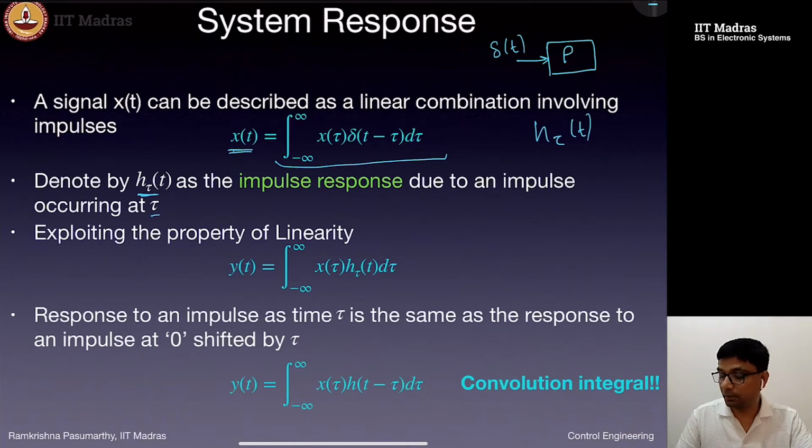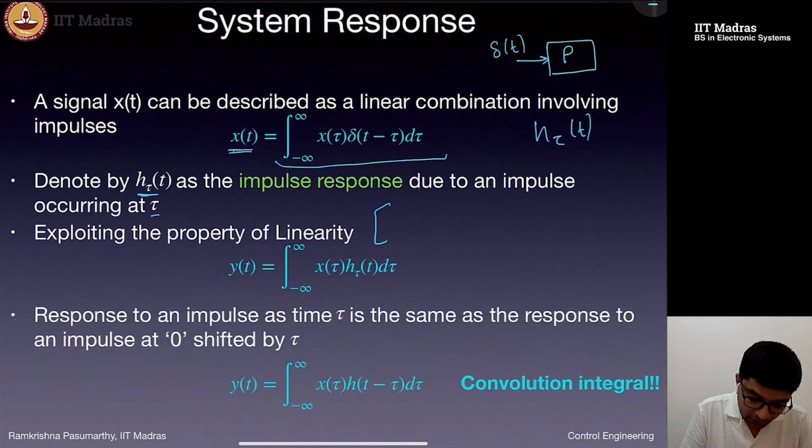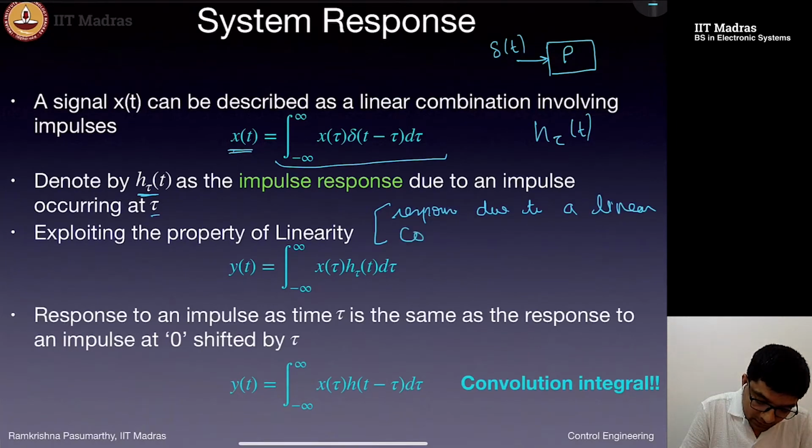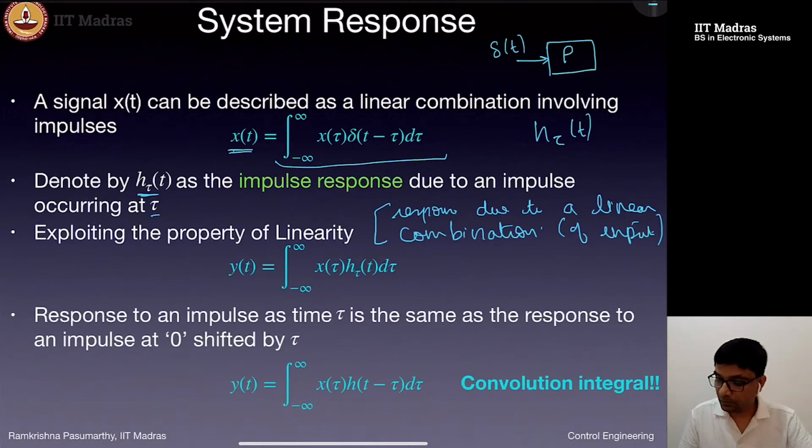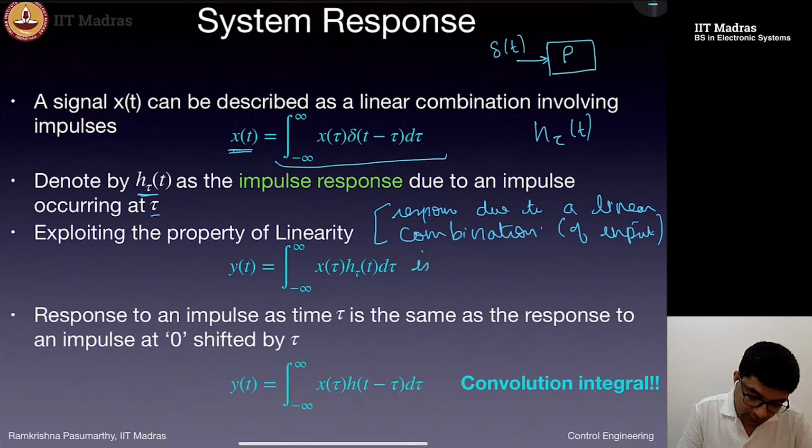then I can exploit the property of linearity. What is the property of linearity? That the response due to a linear combination of inputs is a linear combination of the responses.